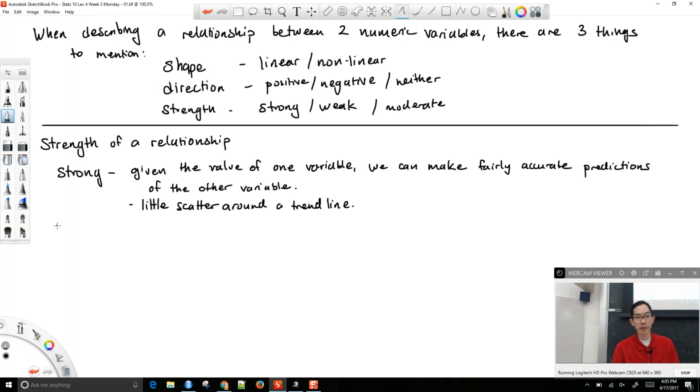And on the other hand, if we have a weak relationship, then, given the value of one variable, we can make predictions, but they're just not going to be as good.